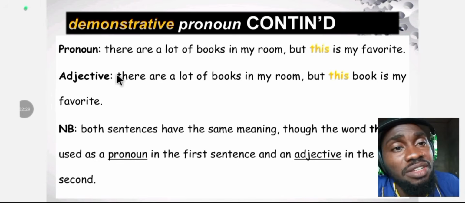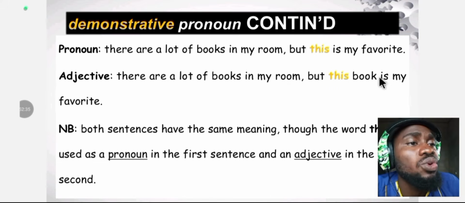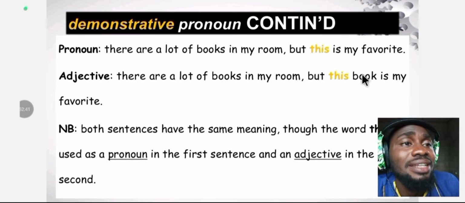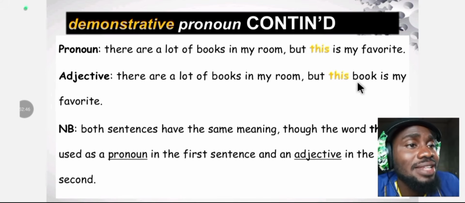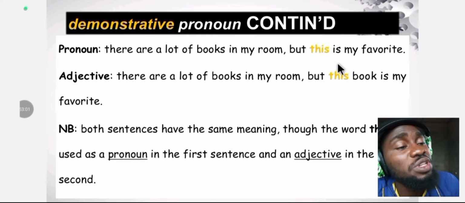When used as an adjective, look at the example. There are a lot of books in my room, but this book is my favorite. You are using it as a demonstrative adjective here, qualifying the noun, which is book. What did you notice here? When you use it as a demonstrative pronoun, it's always before a verb.